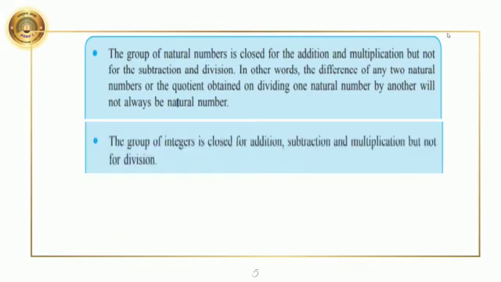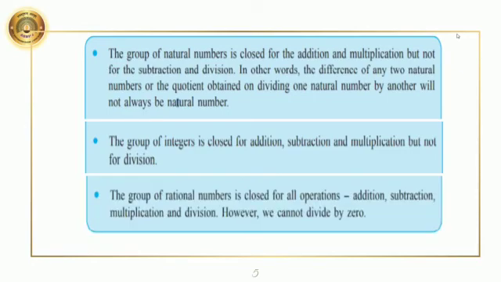The group of integers is closed for addition, subtraction, and multiplication, but not for division. And the group of rational numbers is closed for all operations: addition, subtraction, multiplication, and division. However, we cannot divide by 0.